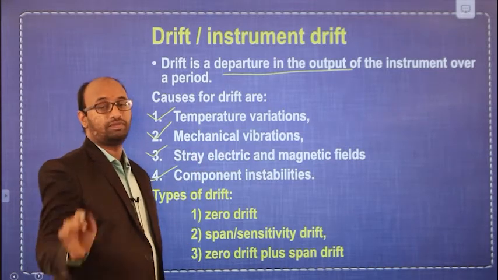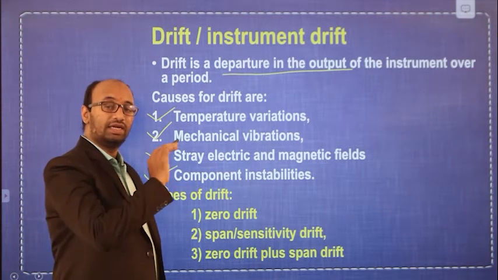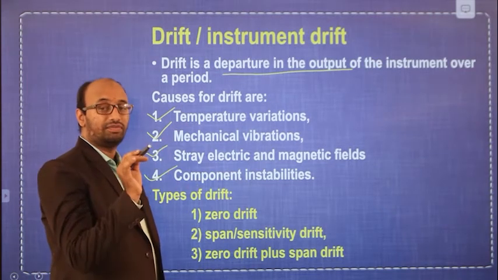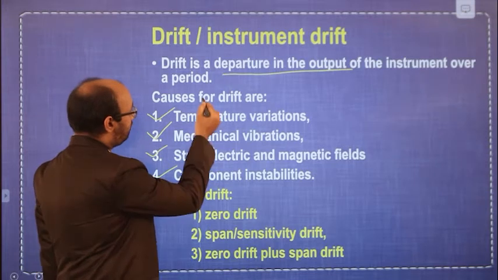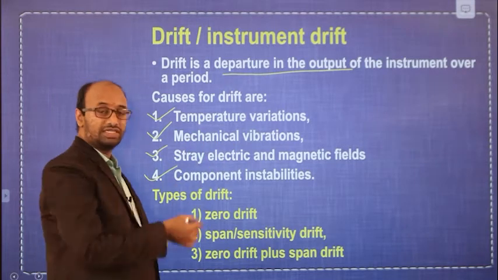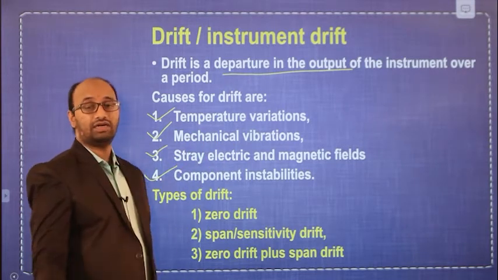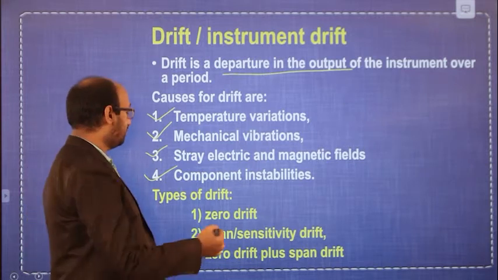The measured output departs from its actual measurement due to the existence of these four things. So these are the causes for drift in the instrument output, drift in the measurement.